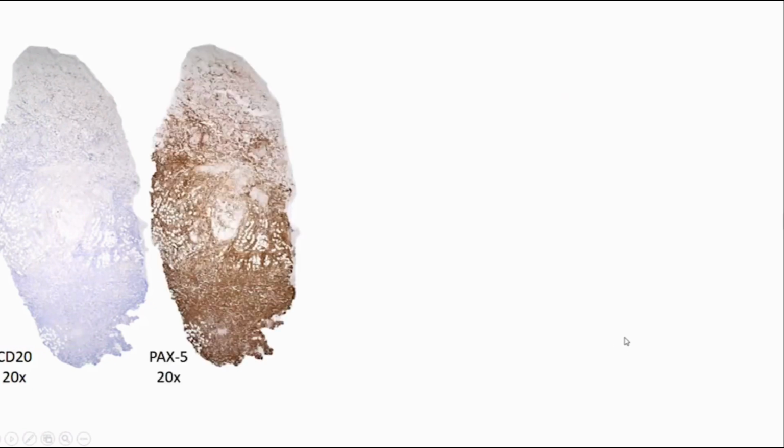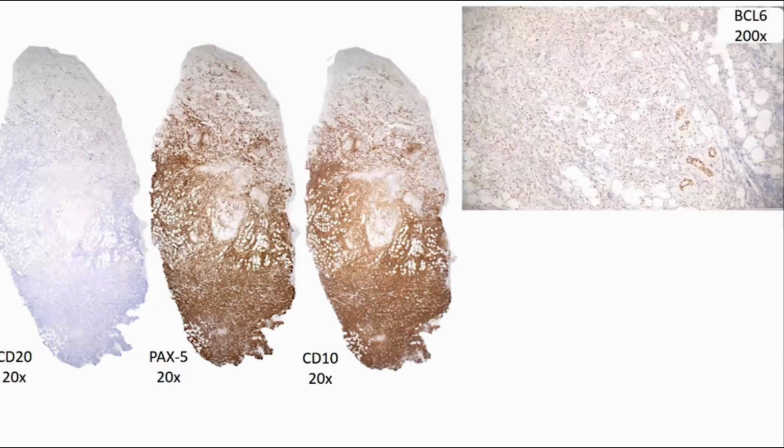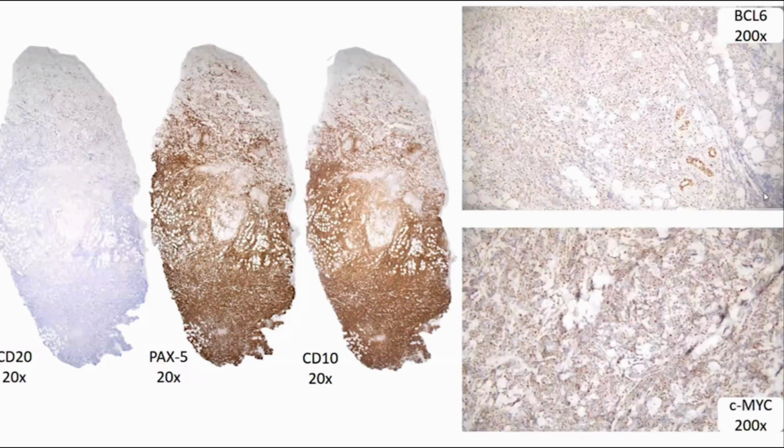Here, CD20 is negative, likely from her rituximab. PAX5 is positive, as is CD10. BCL6 is weakly positive. A little hard to appreciate, but it's there. And then c-MYC shows overexpression in 80 to 90% of the nuclei.